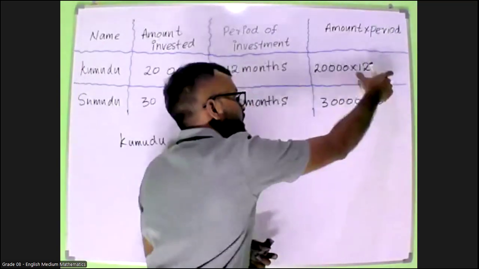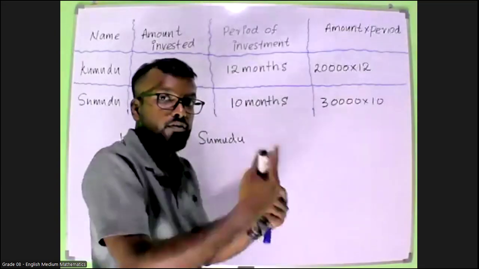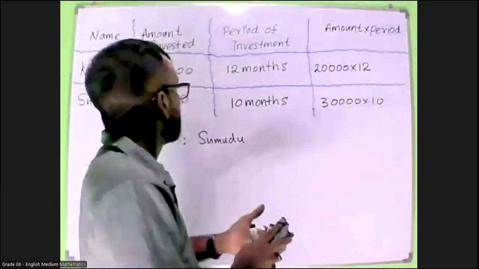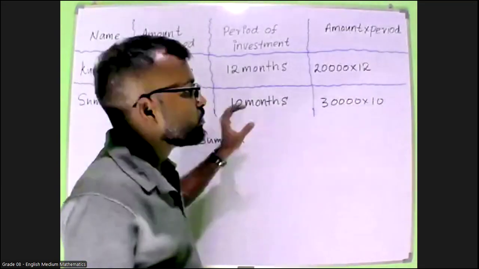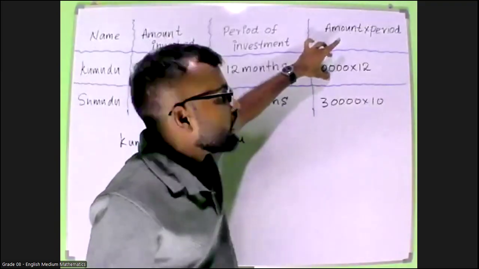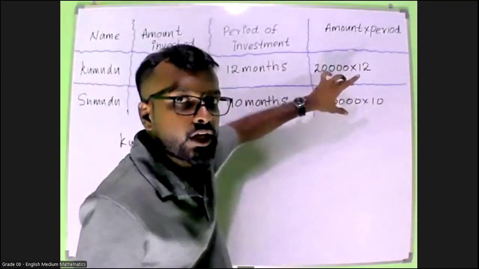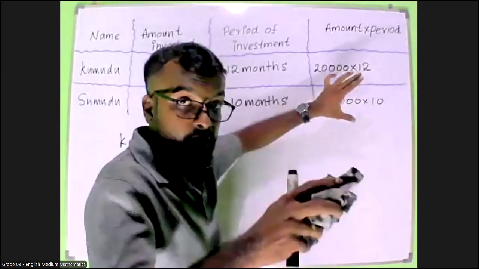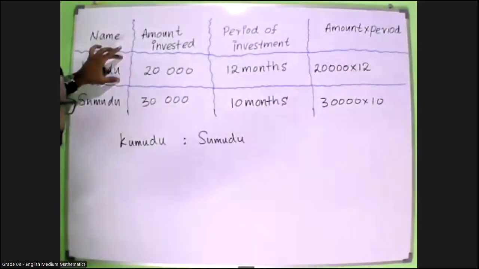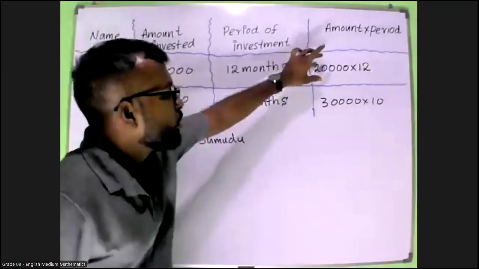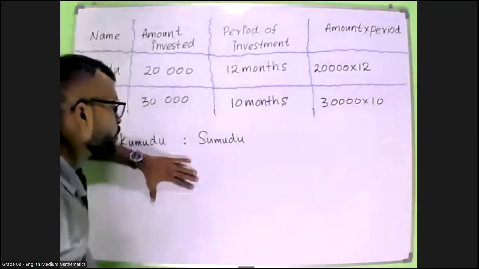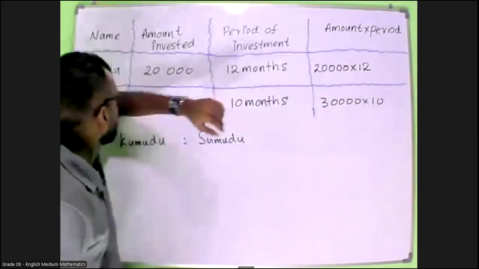This is the ratio in which you are going to divide the profit between Kumudu and Sumudu. So we are going to simplify this as the ratio.